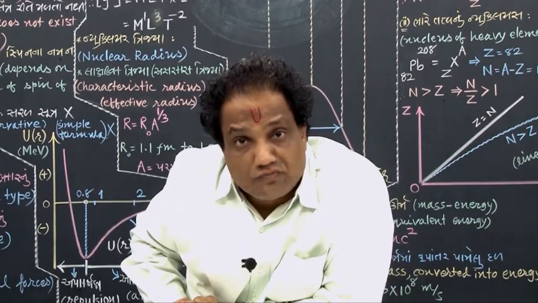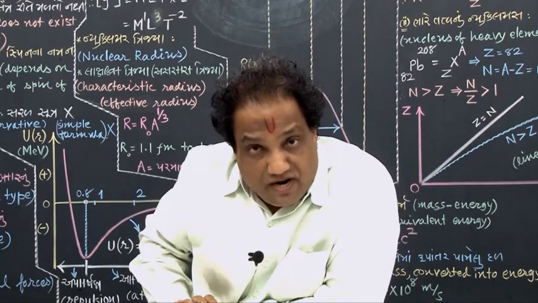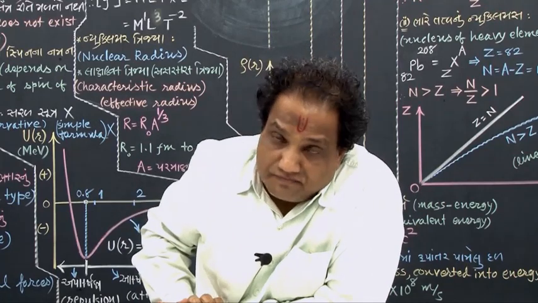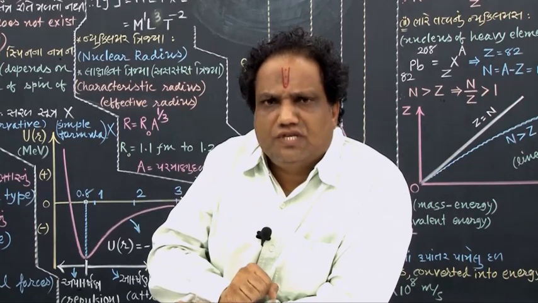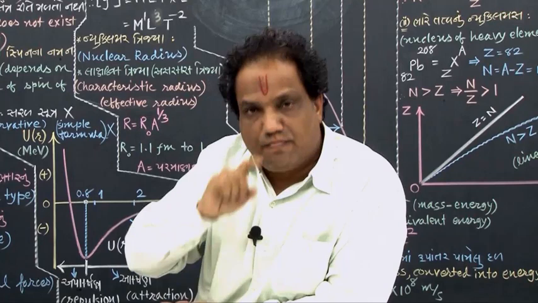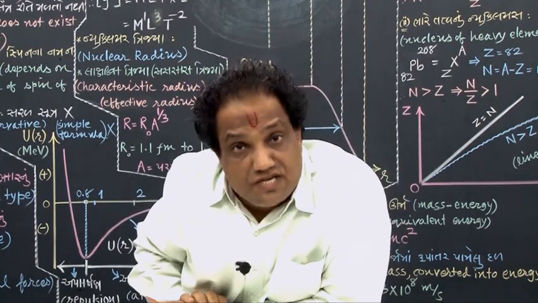In short, between any two nucleons such attractive forces prevail. And we also came to know that these attractive forces are effective up to very short distances. That's why we call them short range attractive forces.